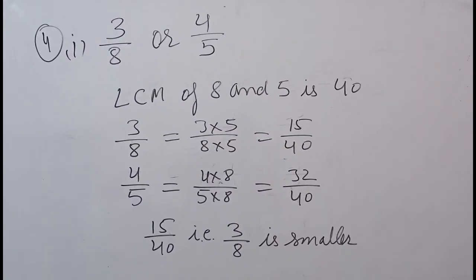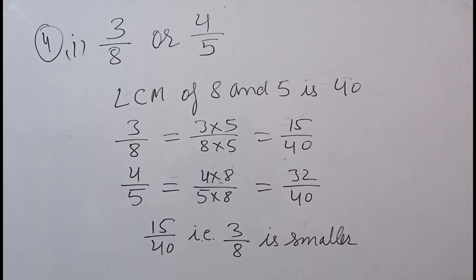Now I am taking question number 4 of the same exercise, first part, in which we have to find which fraction is smaller, 3 upon 8 or 4 upon 5. For finding out which fraction is smaller, we have to take the LCM of the denominator part. Same we will do as we did in question number 3 for finding out which fraction is greater. So finding out the LCM of 8 and 5, we get 40 is the LCM of 8 and 5.